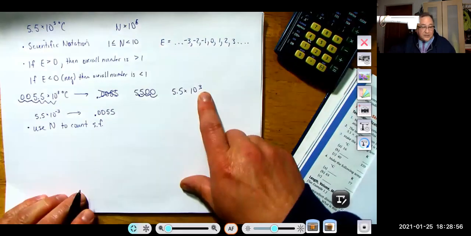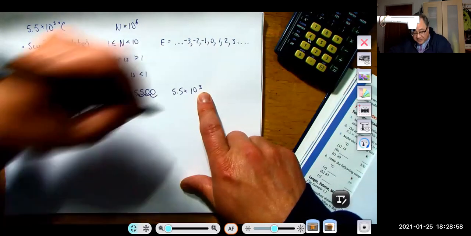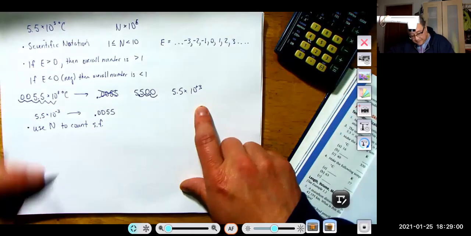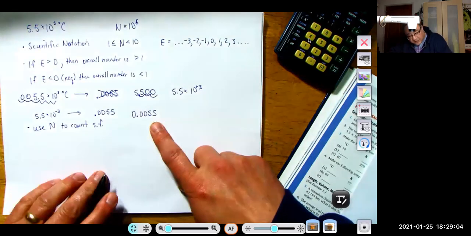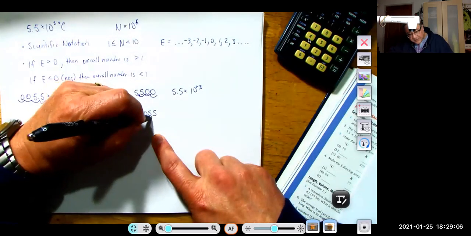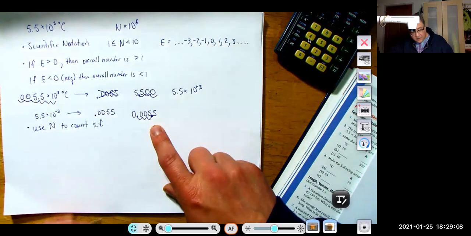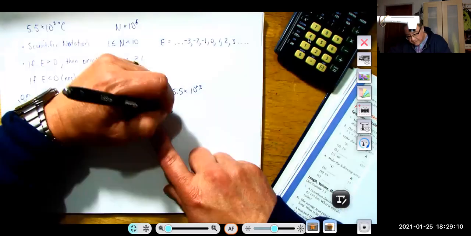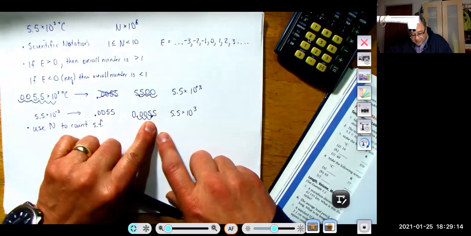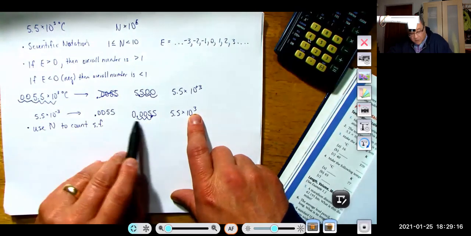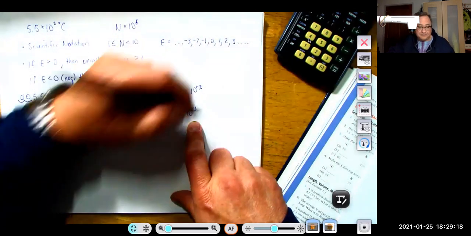Now, should this be a positive or a negative? It should be positive because the original number was bigger than 1. And when I write this in scientific notation, I move the decimal over 3 places until I get a number between 1 and 10. I moved it over 3 times. Should it be positive or negative? The original number is smaller than 1, so I make it a negative.